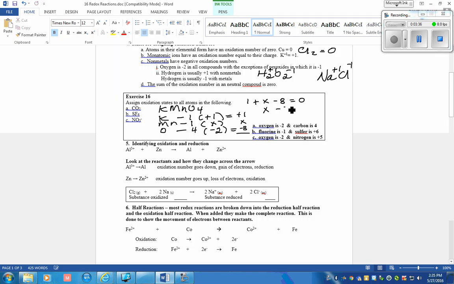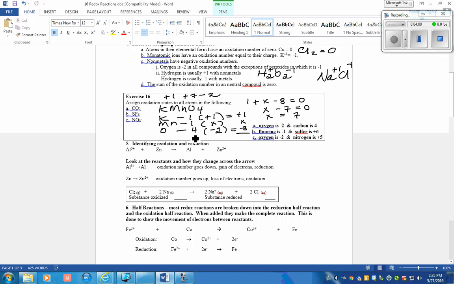X minus 7 is equal to 0. X is equal to 7. So the potassium has a +1, the manganese +7, and the oxygen -2. It is conventional to write the oxidation number over and slightly to the right of its atom.